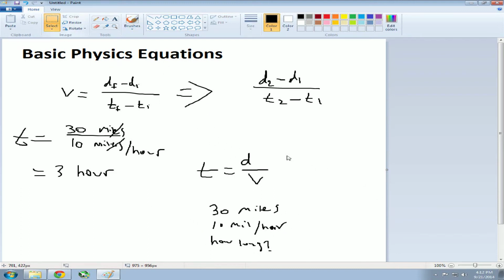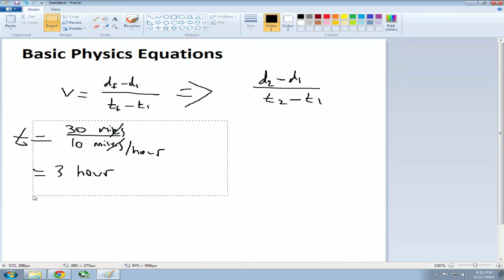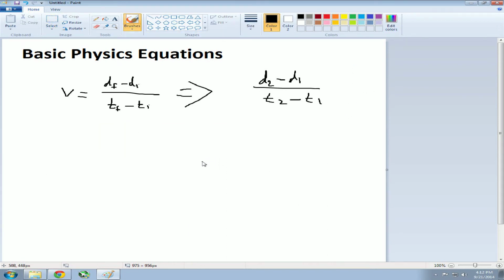So this is not all of the equations, right? We have some more. Now, what is the acceleration of a car? The acceleration is how fast it picks up speed, right? That's what we always see in cars.